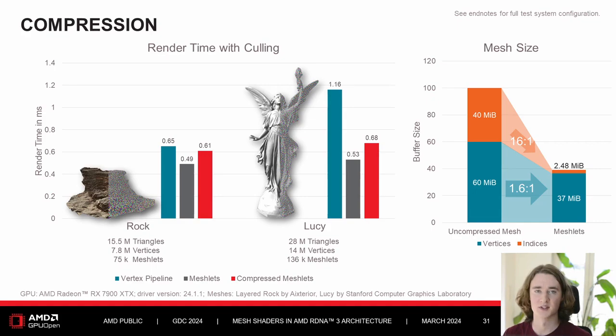For non-closed meshes like the rock on the left, there are simply no back-facing meshlets to cull, and you're going to pay a small overhead for running the amplification shader. But for closed meshes like Lucy on the right here, you can expect to cull 30 to 40% of all your meshlets, giving you a nice 40% boost in performance. Of course, you can extend this even further with additional culling methods like frustum culling.